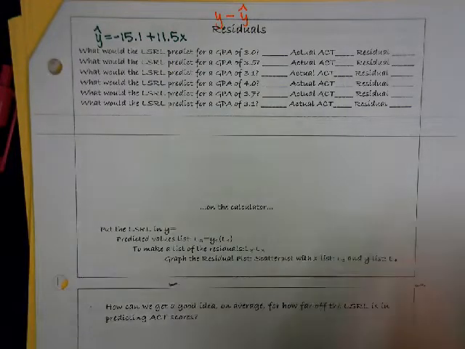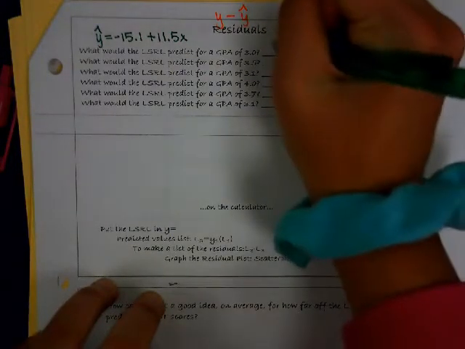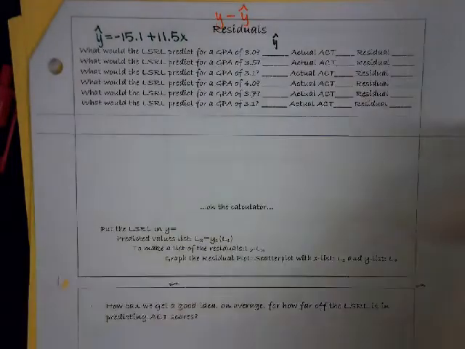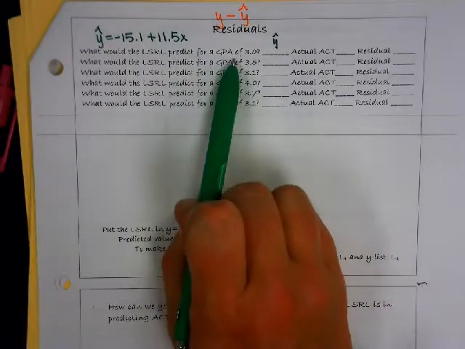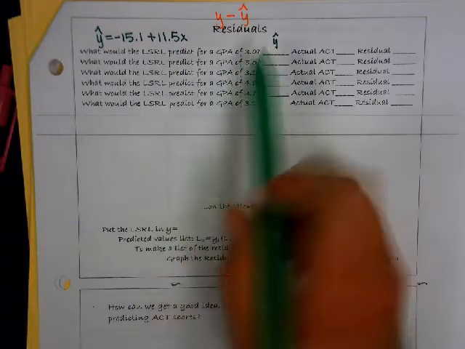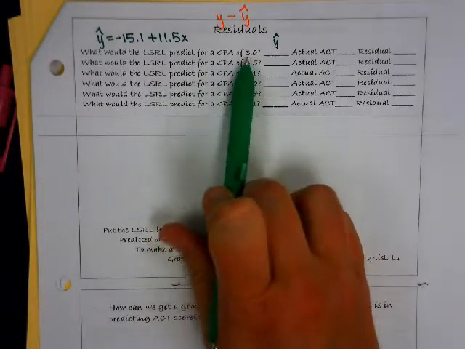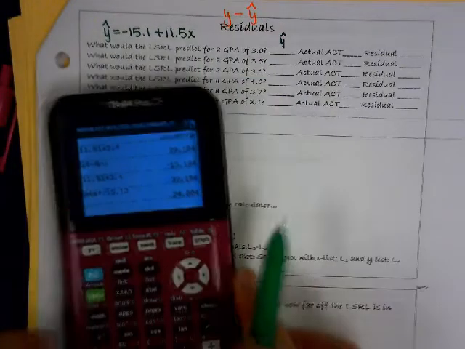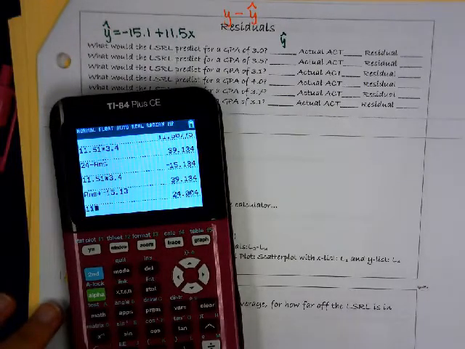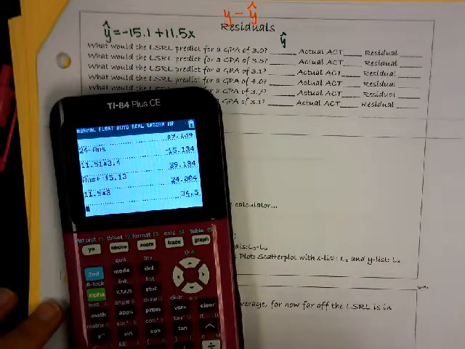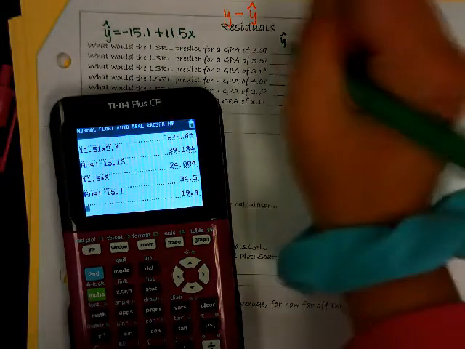So I'm going to find the predicted ACT score for a GPA of 3.0. I'm going to put 3 in for x and see what I get. 11.5 times 3, and then I'm going to add negative 15.1. So I get 19.4. That's the predicted ACT score.